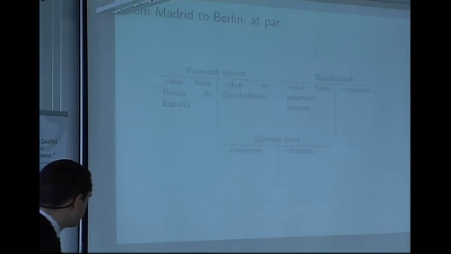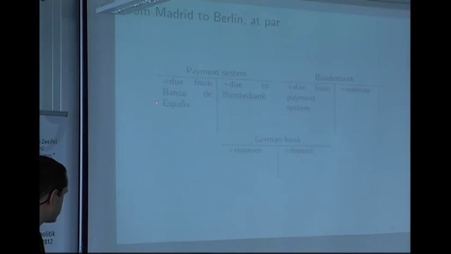And we're halfway there. The payment system then extends, so this is the transaction from the previous slide, the transaction is continued with this claim of the Bundesbank on the Eurozone payment system.